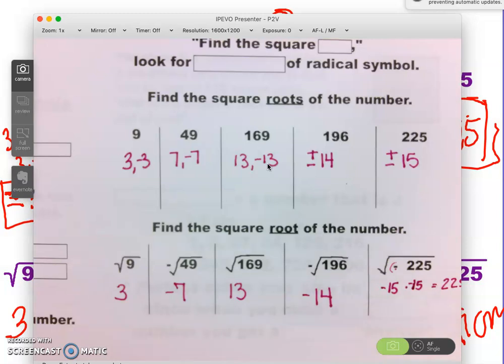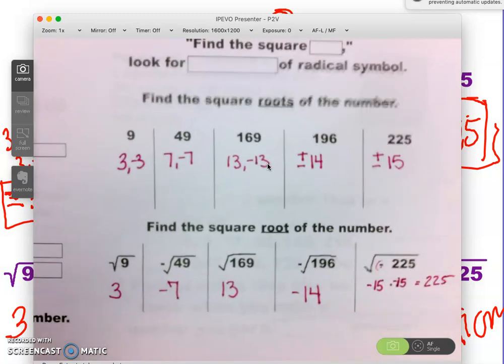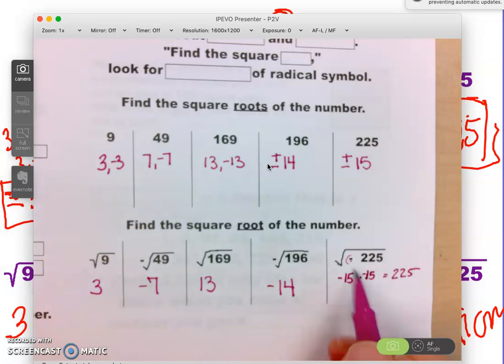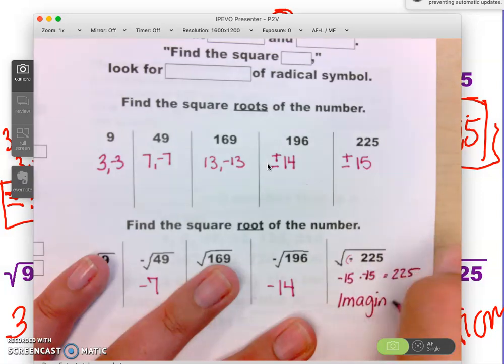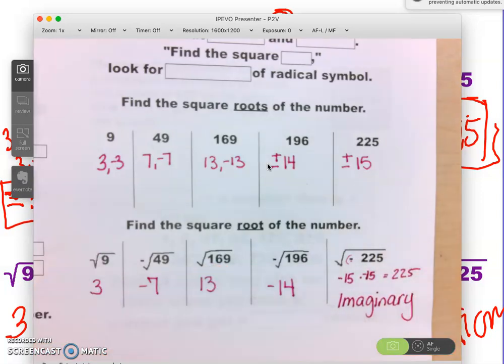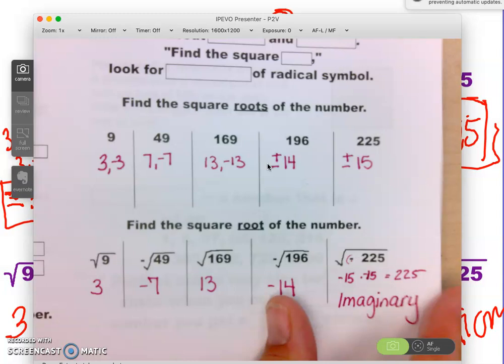So there's never a time when I multiply something by itself to get a negative number. So this is actually going to be imaginary. If you ever see a negative in there, can't do it. It's imaginary. Okay?